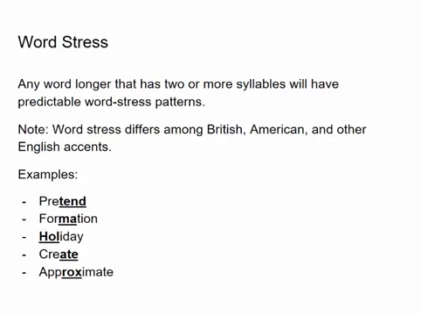So with these words, I've underlined and put in bold there the part of the word that gets the stress. So pretend, formation, holiday, create, approximate. Do you hear how those underlined parts in the way I say these words we slow them down a little bit?